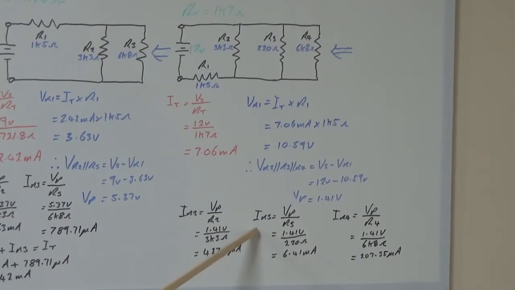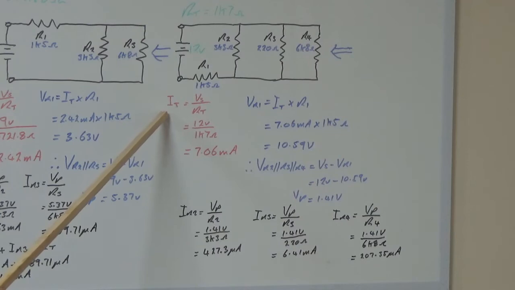We've done the same thing for R3. We've got 6.41 milliamps, and we did the same thing for R4, and we ended up with 207.35 microamps. And if you add all those up, you end up with a value very close to 7.06 milliamps, which is what our total current is. And that's just a check, to see if your calculations are right.